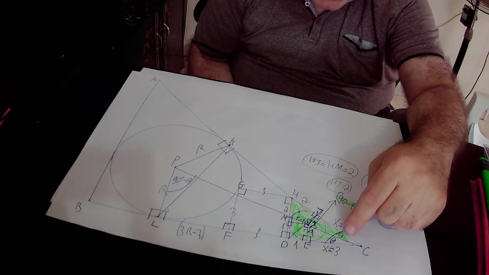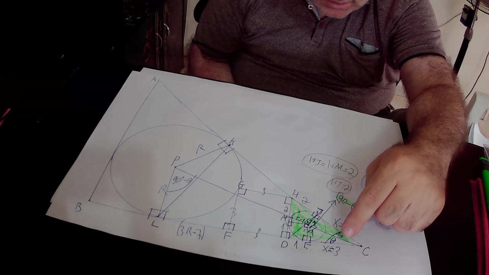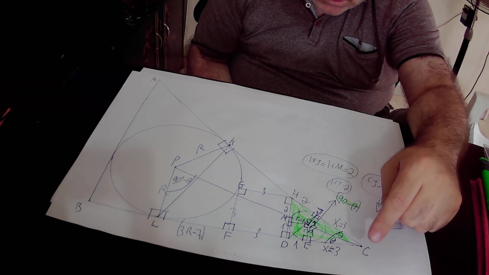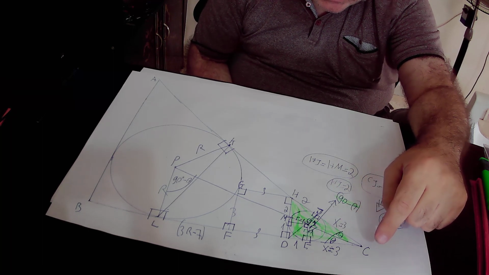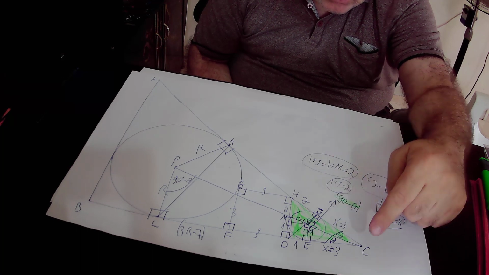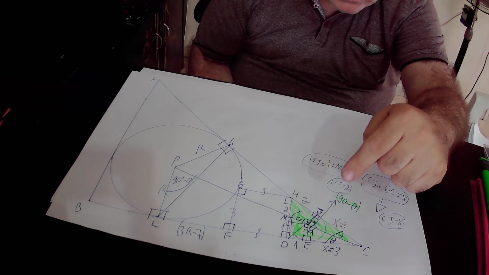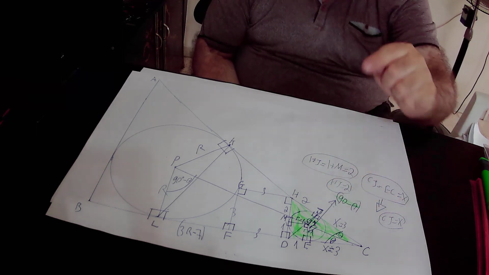So if one angle is equal to theta, then the other angle must be equal to theta. So I found out here that OC is the angle bisector of angle C in triangle JDC.